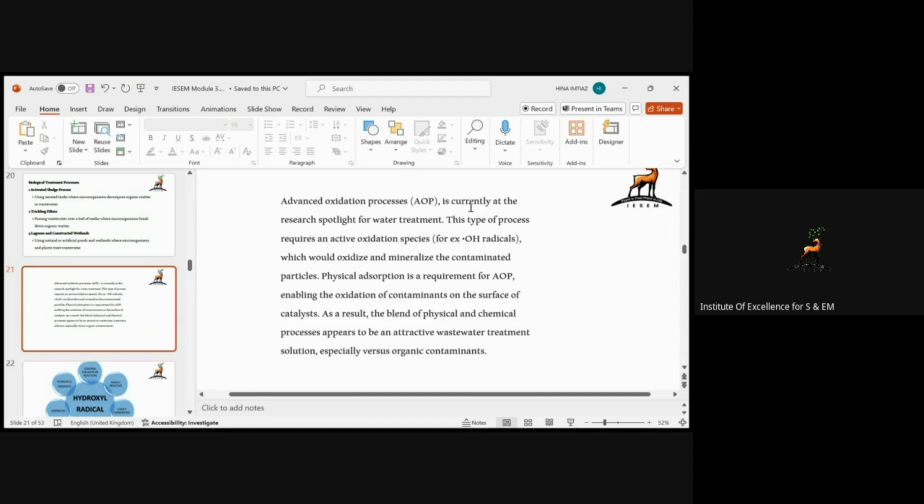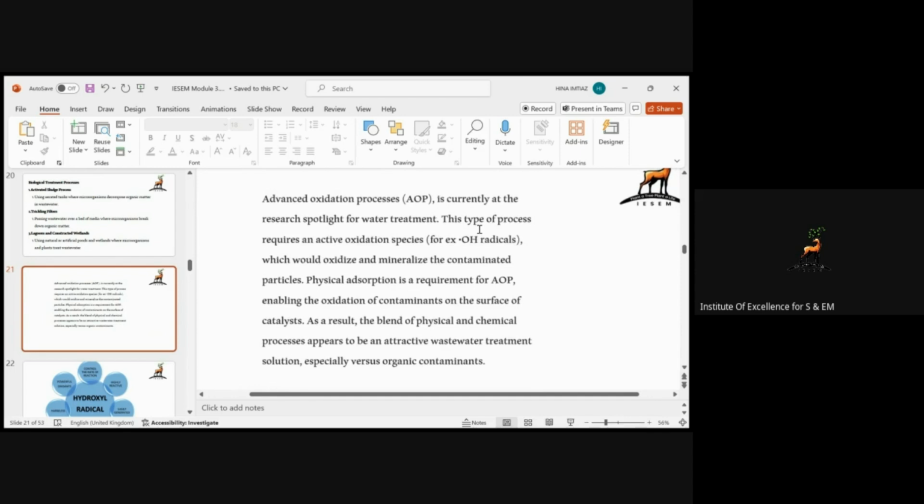AOP is currently in the spotlight for wastewater treatment, and everyone is now interested in adopting the advanced oxidation process. So here is the question I will ask you guys: what is the advanced oxidation process? First of all, I will give you an idea, and after that, I will ask you what understanding you got about the advanced oxidation process.